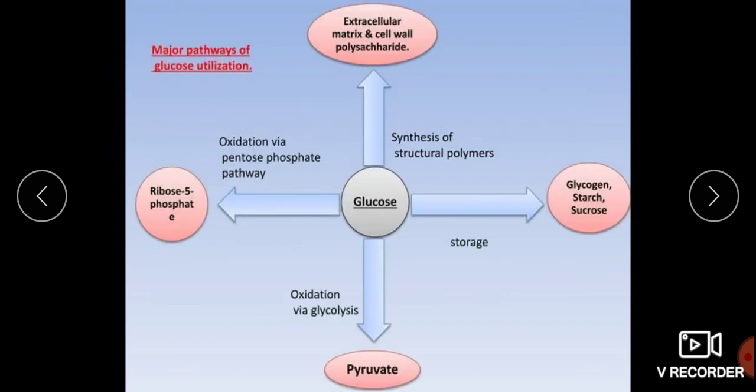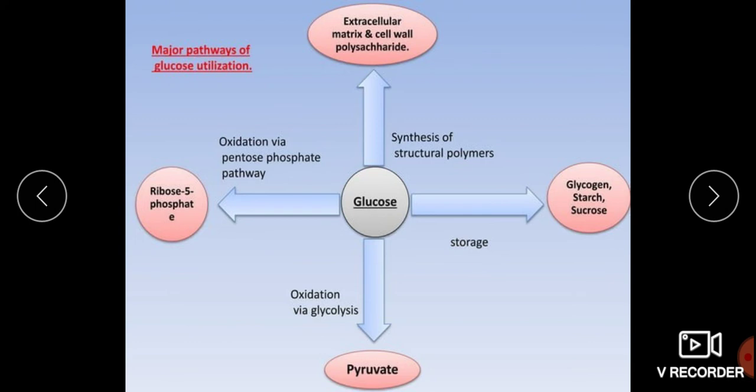Now, here is the fate of glucose. Glucose gets stored in the form of glycogen in animals, or in the form of starch in plants. It also gets stored as sucrose. Glycogen, starch and sucrose are the storage forms of glucose.